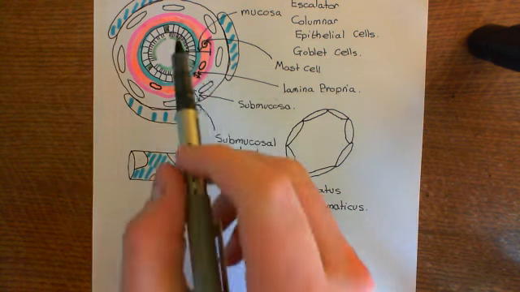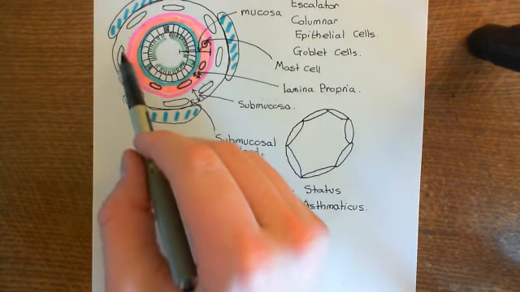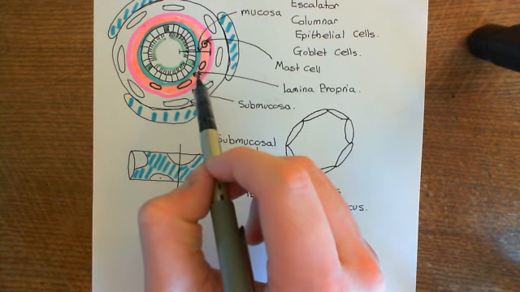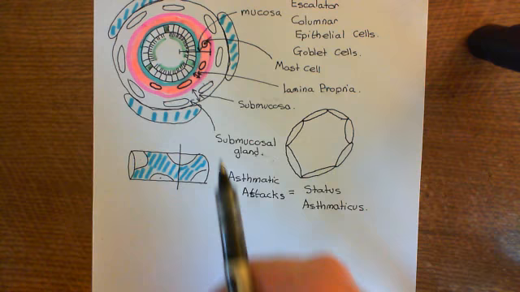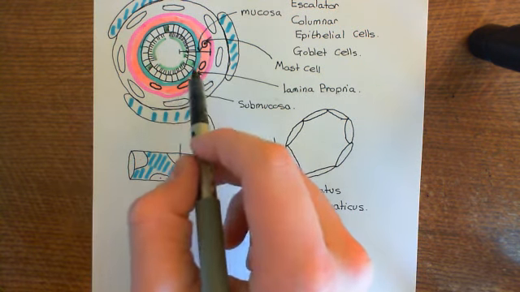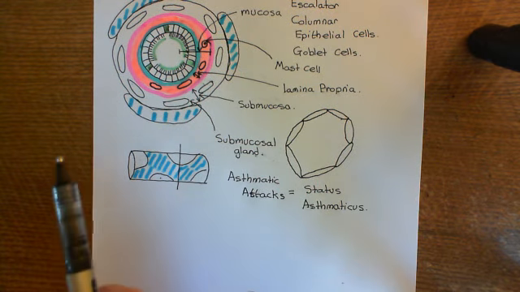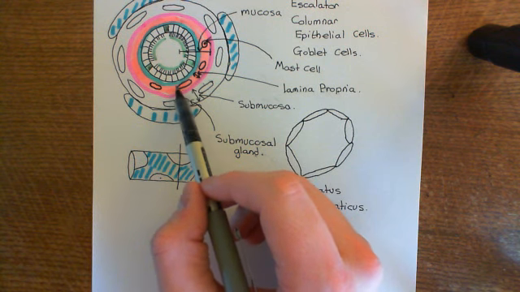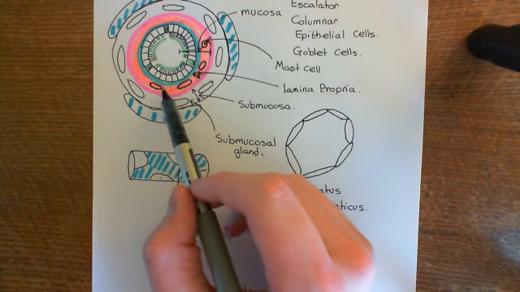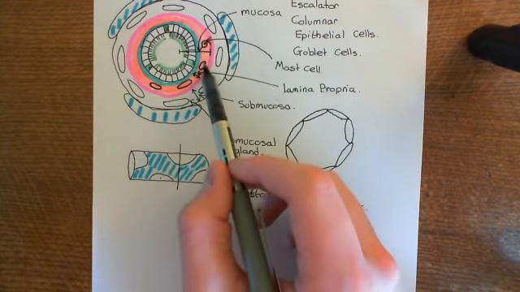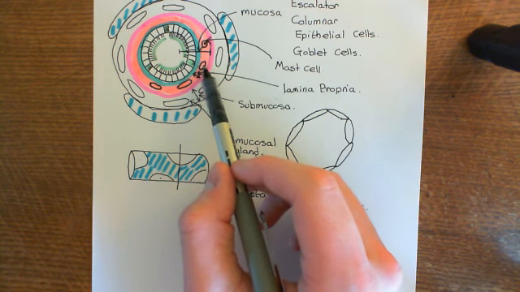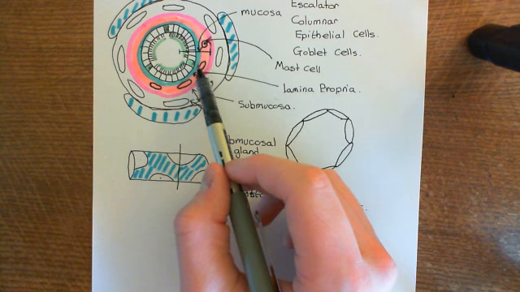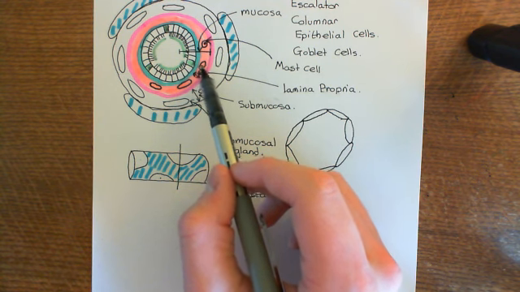The smooth muscle that lines the bronchi begins to contract in an asthmatic attack, which constricts the bronchi. In addition, all of these capillaries here are going to undergo the inflammatory response. Firstly, they're going to vasodilate to increase the blood flow here.